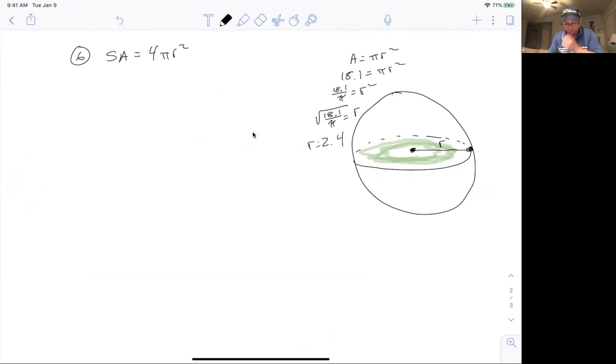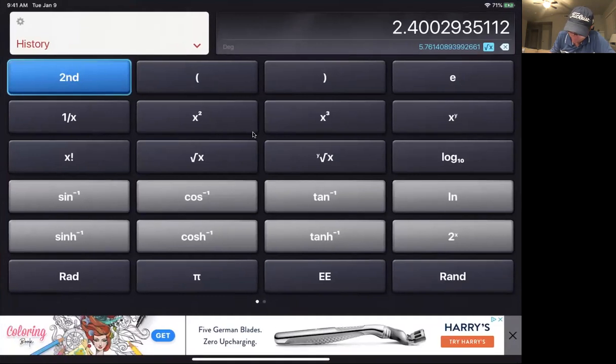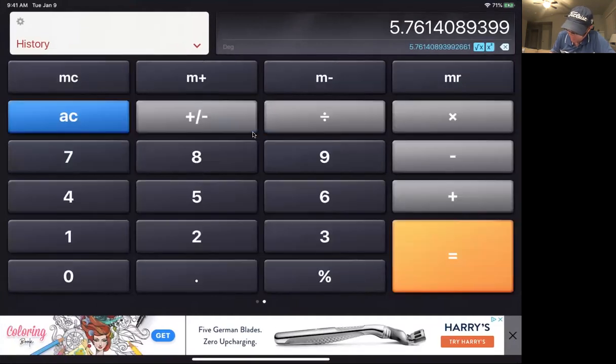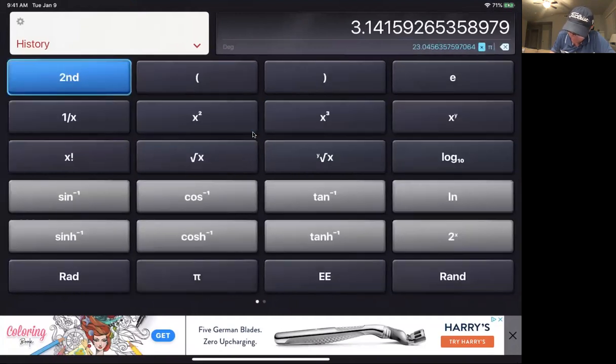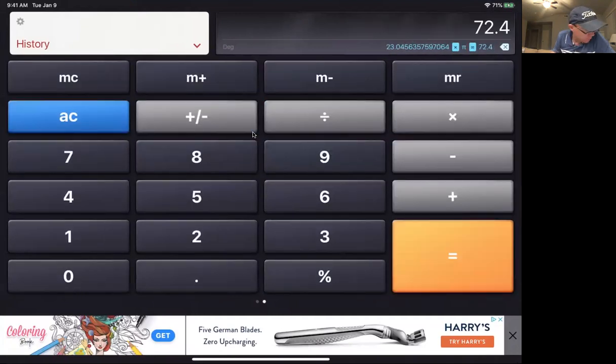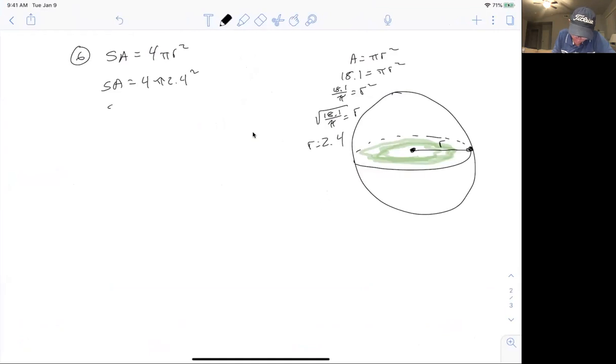Now it's going to be simple to find the surface area of the sphere. Just put in 2.4 for the radius. So let's square that 2.4, multiply it by 4, and then multiply it by pi, and get 72.4 meters squared.